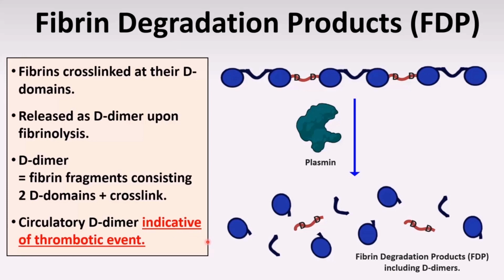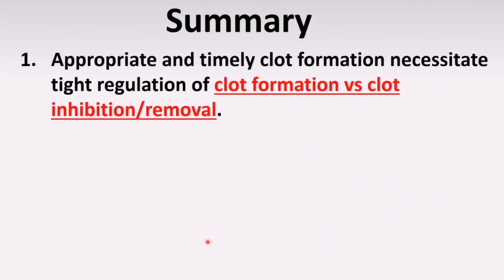Okay, so this pretty much sums up the recorded session. What we have learned today, firstly, is that an appropriate and timely clot really needs tight regulation of your clot formation as well as your clot inhibition. So that tight balance is very important.